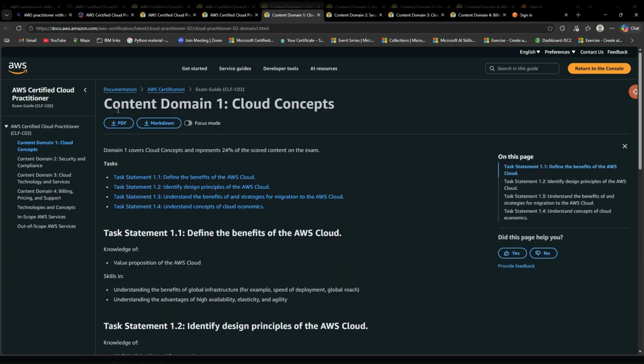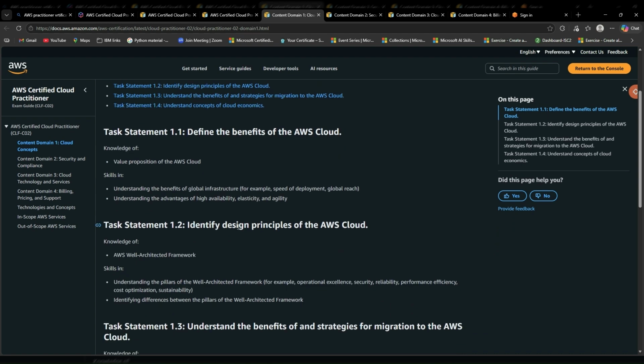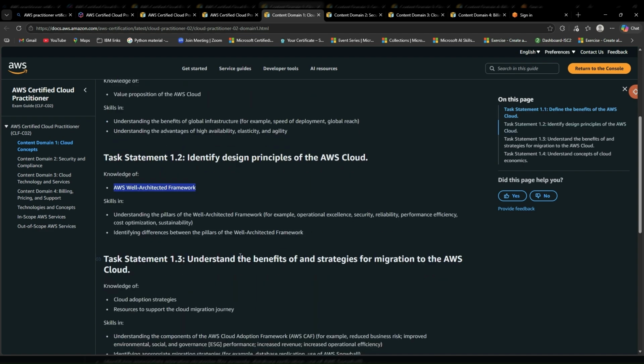The first one is cloud concepts. In domain one, you need to understand the benefits of the AWS cloud and identify the design principles of the cloud. They cover the AWS Well-Architected Framework. This is the most important one; most of the questions come on it.